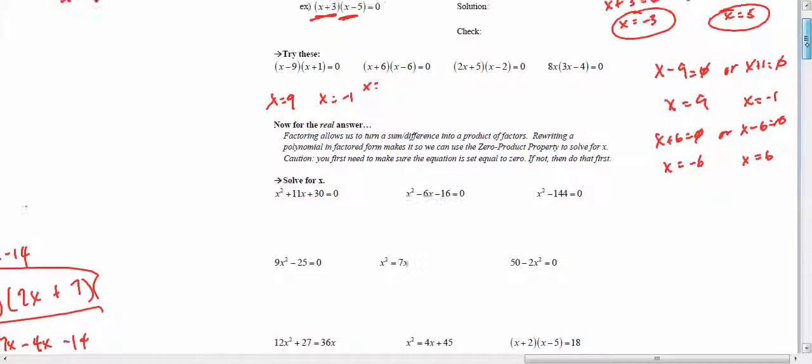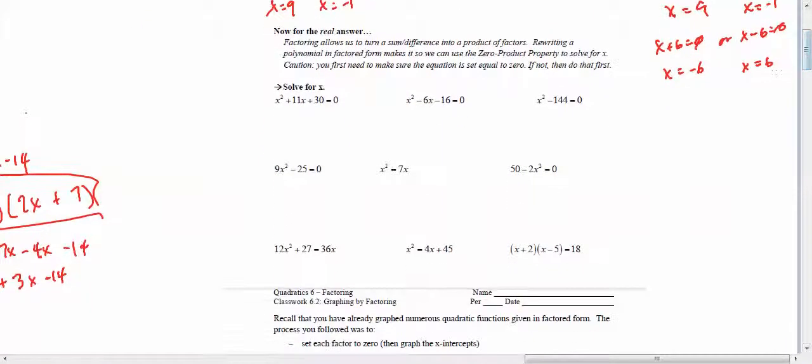So check this out. How do I find the solutions to that problem? Well, let's try factoring that. Here, let me ask you this: 11x plus 30 equals 0. If I told you that, can you solve for x for me?